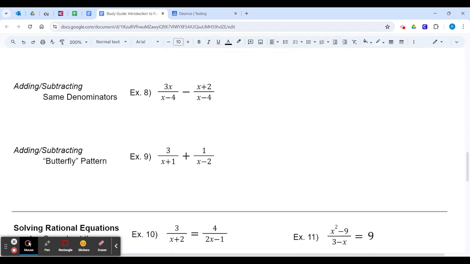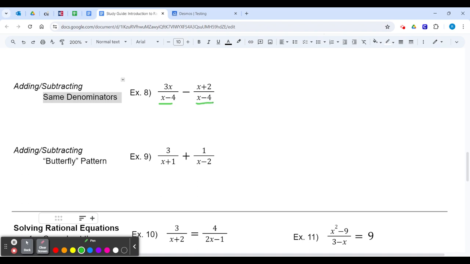Adding and subtracting. So two different cases here. If we have the same denominators, it's super simple. Notice how we have both x minus 4 and x minus 4 on the bottom. So we are just going to keep those the same. And then what happens is we are going to add and subtract at the top. So I have 3x minus this entire x plus 2.